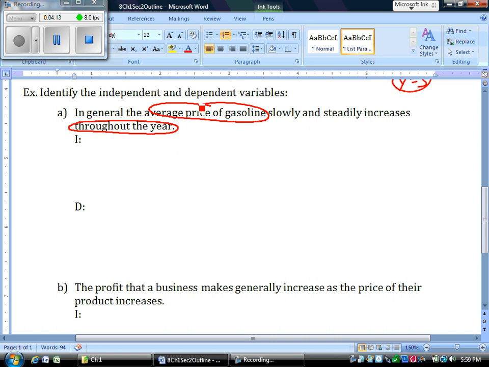Which one determines what the other looks like? Does the price of gasoline determine this time of year, or does the time of year determine the price of gasoline? Is what you have to ask yourself. Okay? And the way that this sentence is phrased tells us that our independent variable is the time of year. Okay? The time of year is independent.